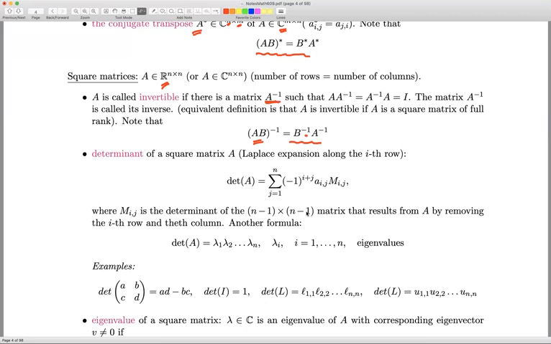To every square matrix, we associate several numbers. One of the numbers that we associate to a square matrix is called the determinant of this square matrix. And there are various ways in which one can compute a determinant of a square matrix.